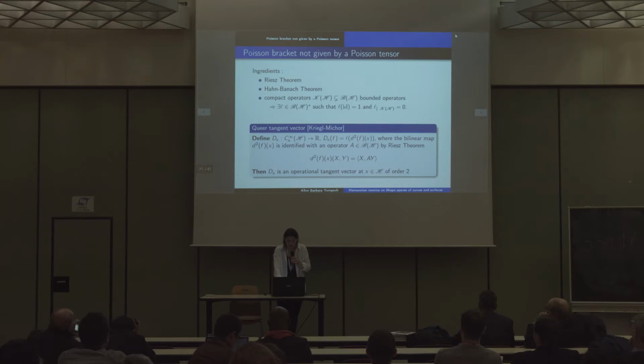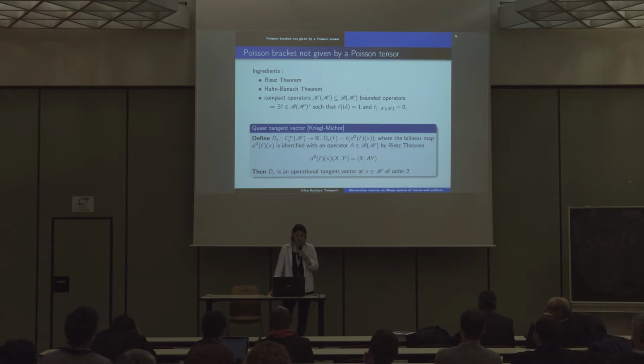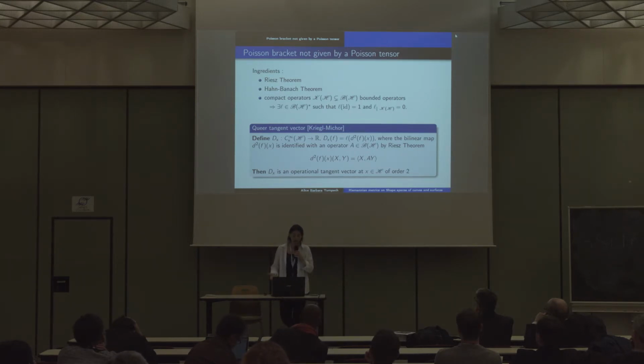So let me just recall the construction of queer tangent vectors. These are called queer because they are not kinematic, so they cannot be constructed with curves. The ingredients here are the following: the Riesz theorem that we have recalled, Banach's theorem that we have recalled, and the fact that the set of compact operators is included in the set of bounded operators on a Hilbert space as a closed subspace.